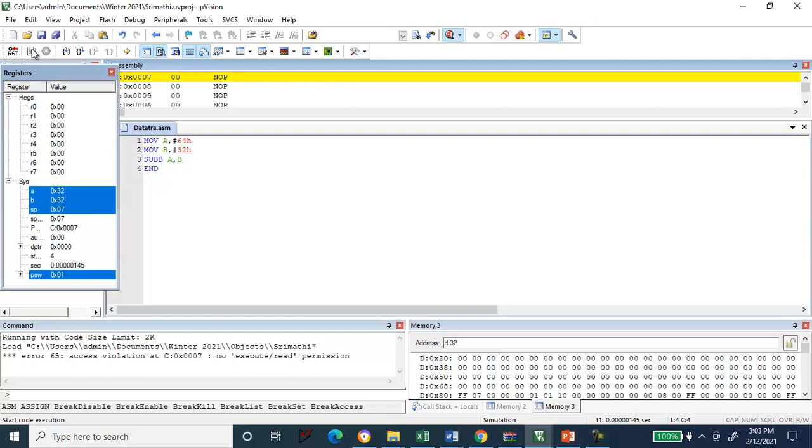You can even perform it in the calculator, I am also doing it in the calculator. It's hexadecimal, 64 minus 32. Your result is 32, and that is stored in A, because A minus B, the result will be stored in A. Keep in mind, I am doing it for unsigned.